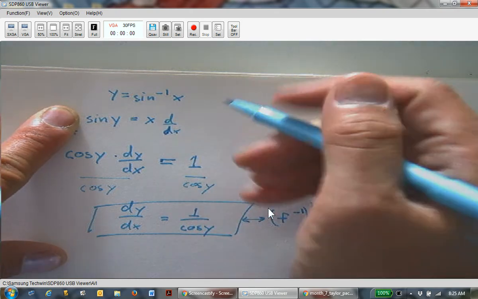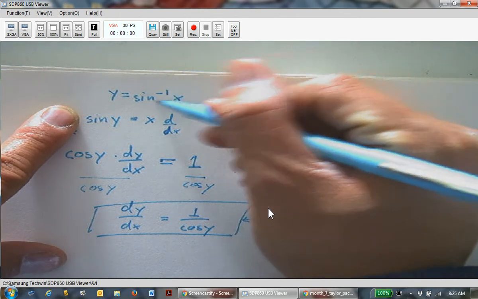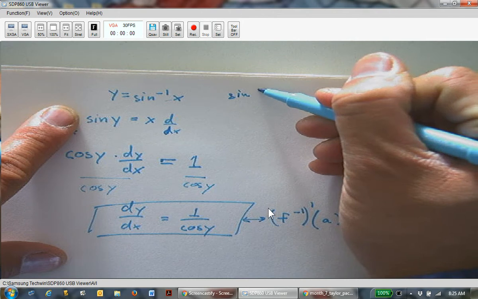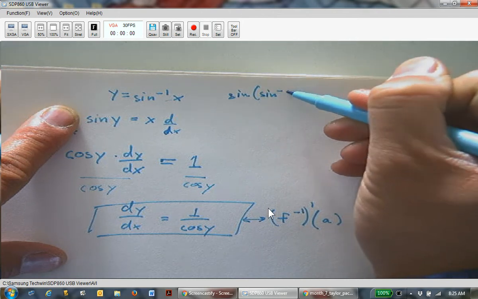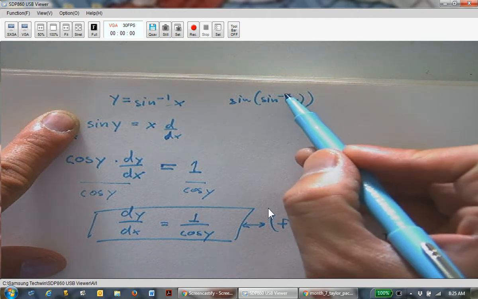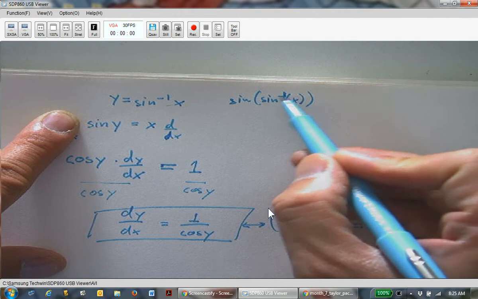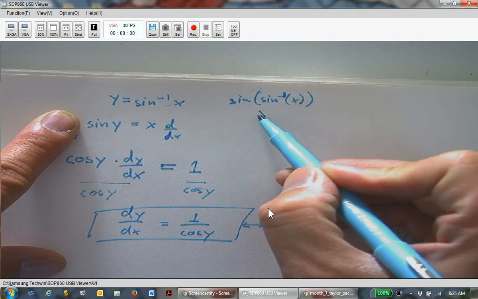Here, it's sort of like if I took the sine of the inverse sine of x, I would just get x.